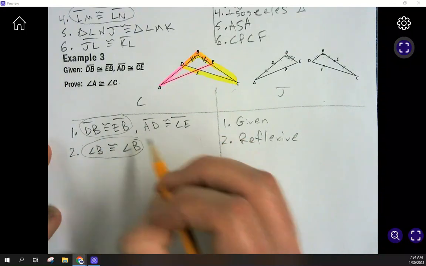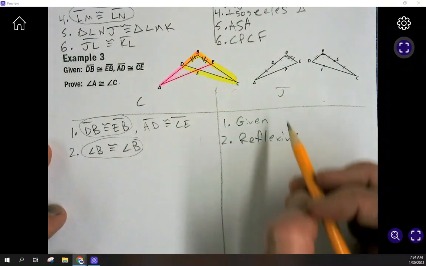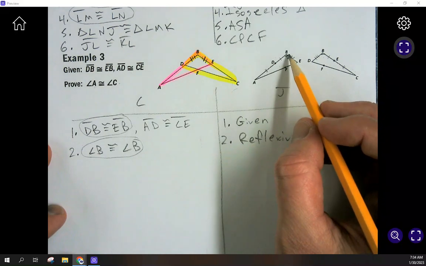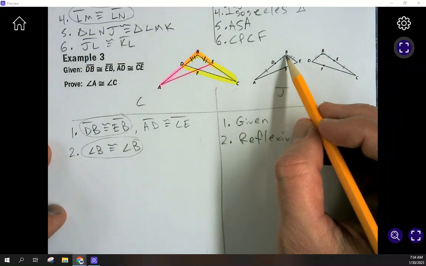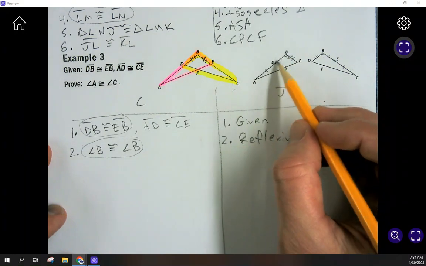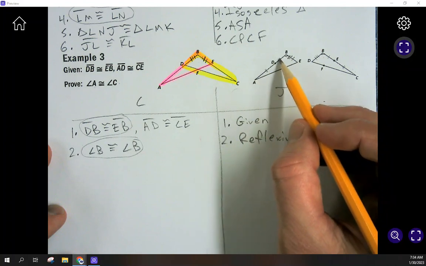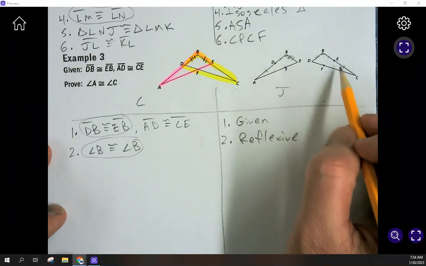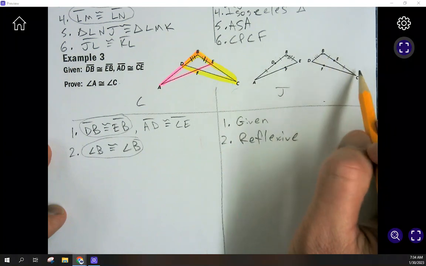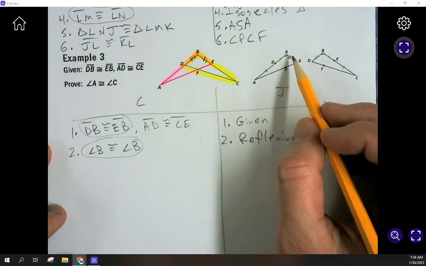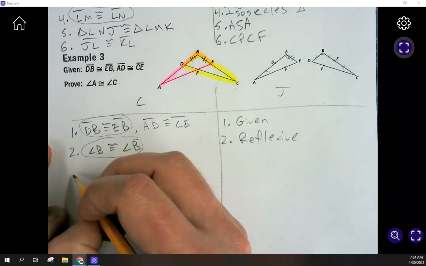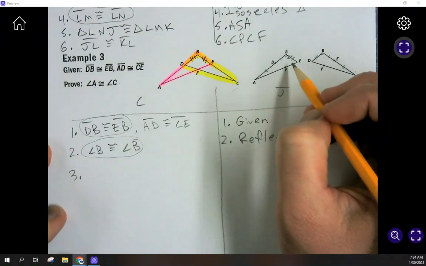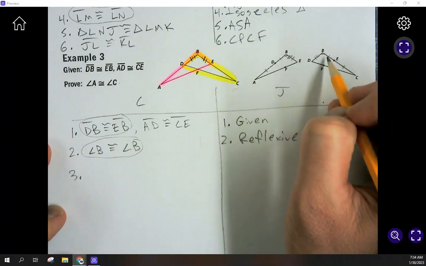Okay, and now I like to circle these and see what I've got. It's a lot easier to see over here. I've got a side and I've got an angle. And now I've got information on this side. I know that this piece is equal to this one, and I know that this piece is equal to this one. So now I need to prove that the whole side is actually equal, and I'll have side, angle, side. And so we'll be able to do that here. Let's talk through it. I know this piece equals this piece.